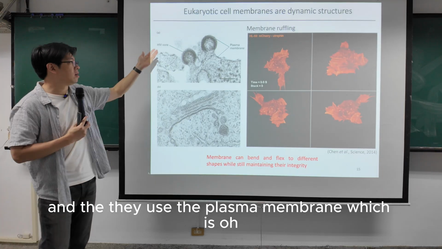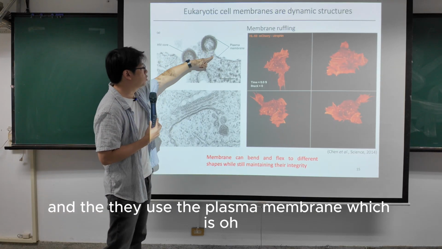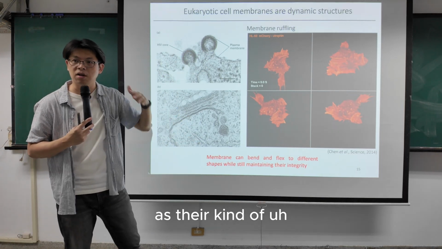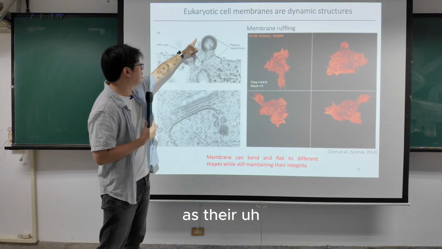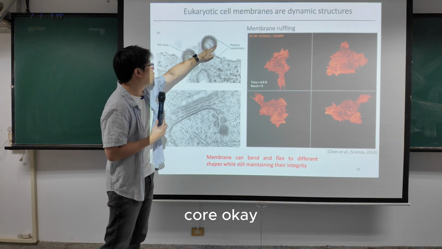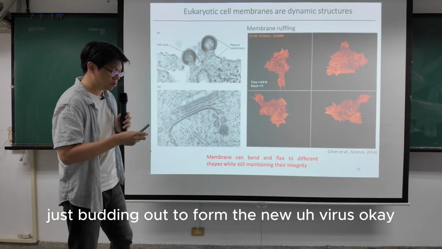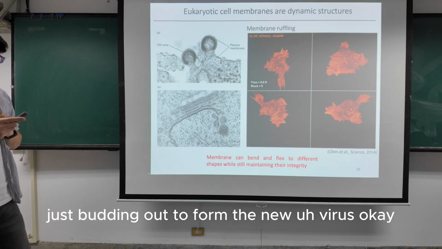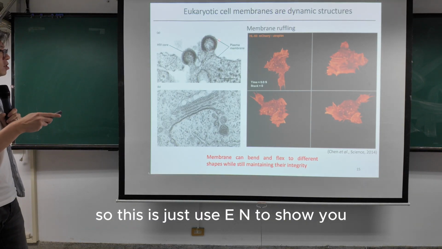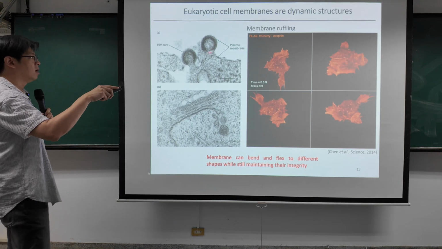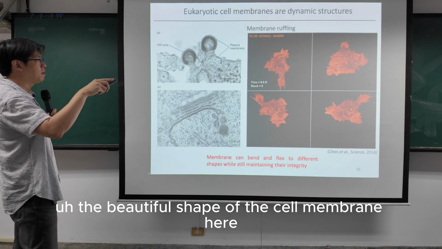They use the plasma membrane, which is the cell membrane, as their envelope, budding out to form the new virus. This shows you the beautiful shape of the cell membrane here.